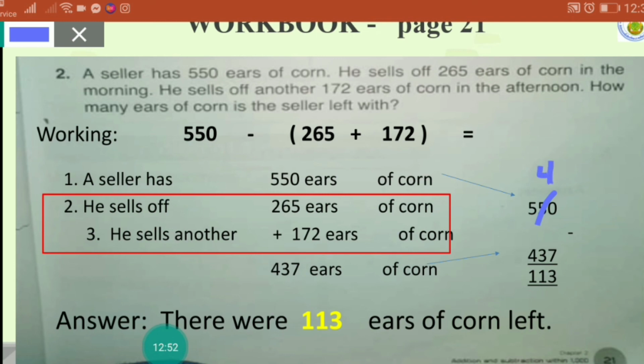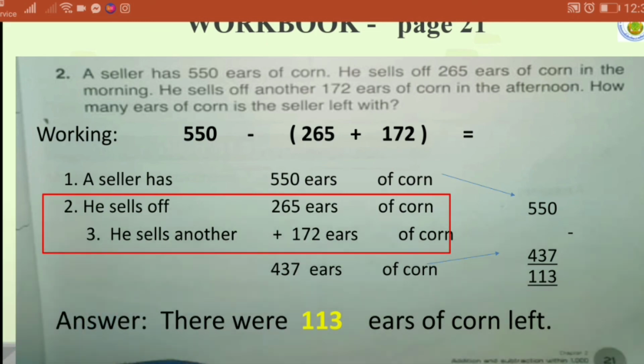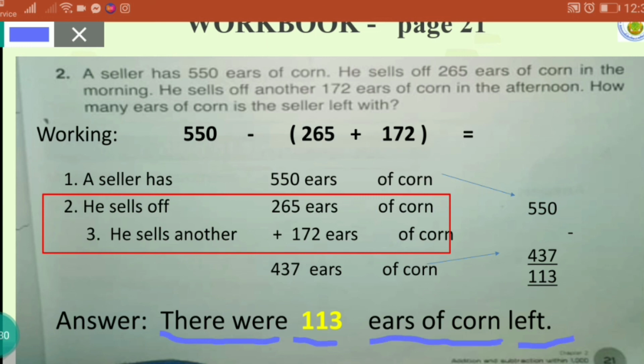This will be 4 and this will be 10. 10 minus 7 is equal to 3. 4 minus 3 is equal to 1. 5 minus 4 is equal to 1. So our answer is 113. So, the question is, how many ears of corn is the seller left with? So, our answer should be, there were 113 ears of corn left.